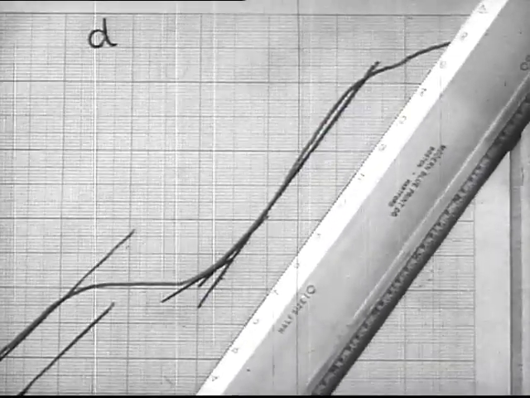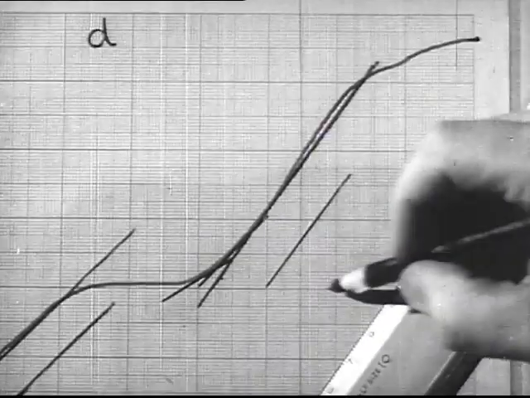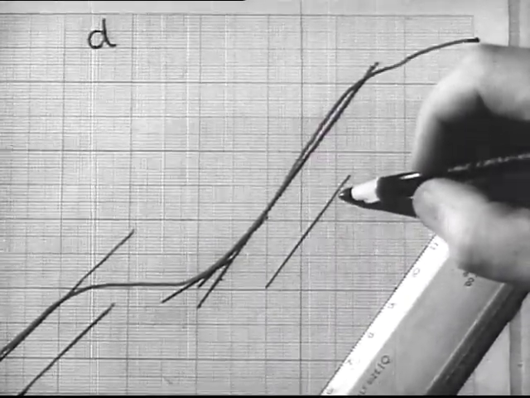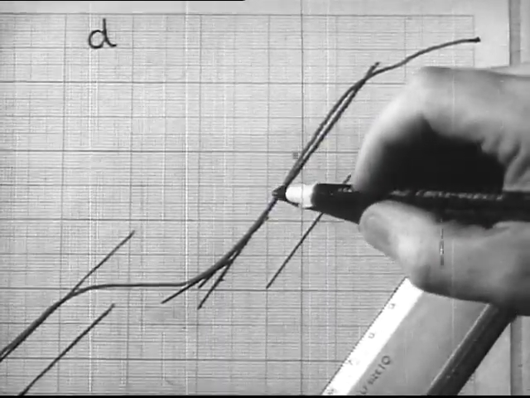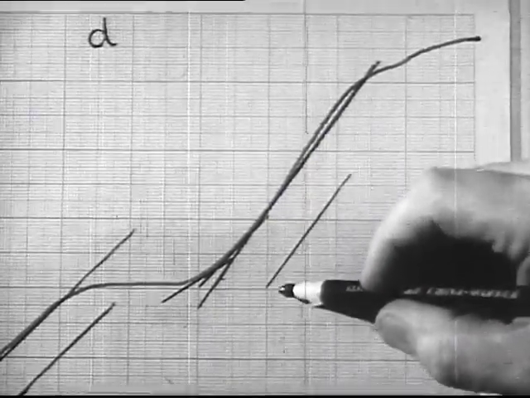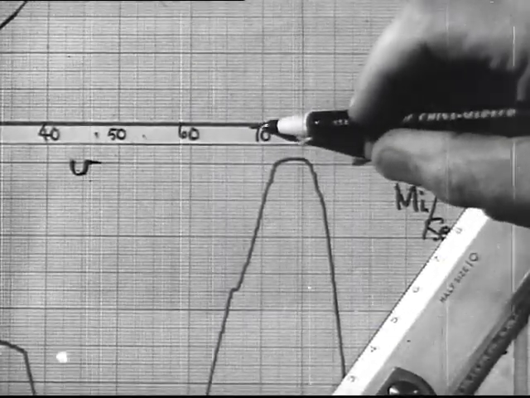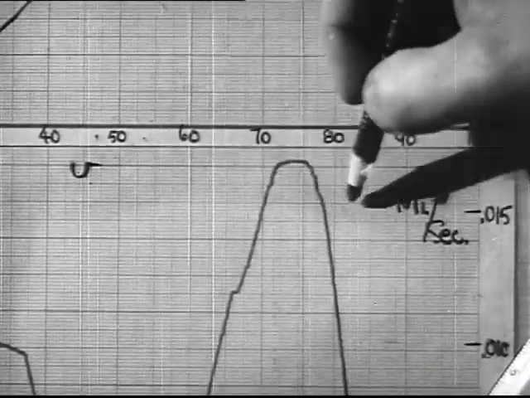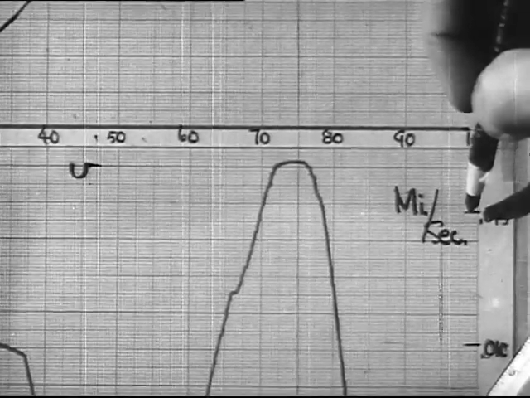I bring it down to a convenient place, and I read in 10 seconds a change in distance of 0.14 miles. So that's a speed of 0.014 miles per second at this time. Coming down to our speed curve, we see the time is 70 seconds. And at 70 seconds, we had a speed of just about 0.015, whereas we predicted 0.014 from the slope.